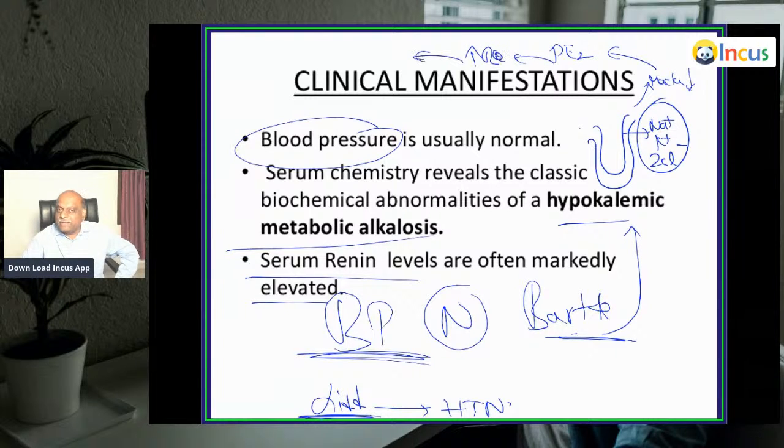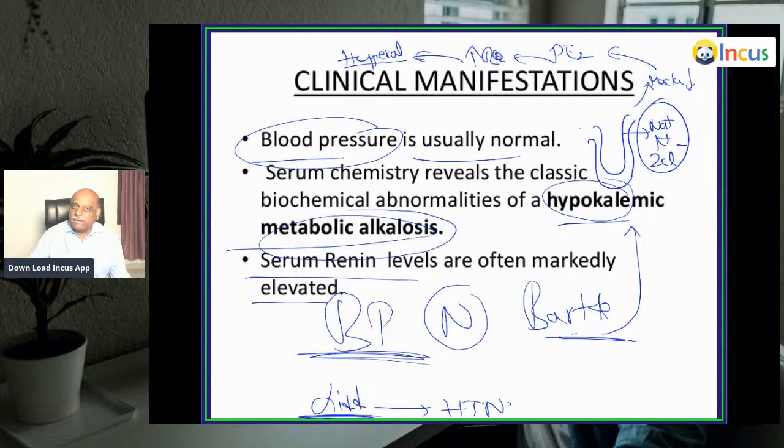And because of the increased renin, there is hyperaldosteronism. And because of the hyperaldosteronism, there is hypokalemic metabolic alkalosis in these people. But generally, hyperaldosteronism patients will show high blood pressure. But in this, the blood pressure is normal, because it is like taking a loop diuretic. Bartter is like a loop diuretic, so they are losing water, everything. That is the reason BP is normal in people who have Bartter syndrome.